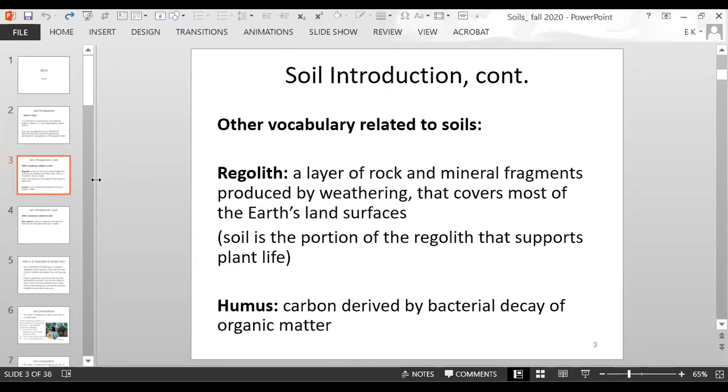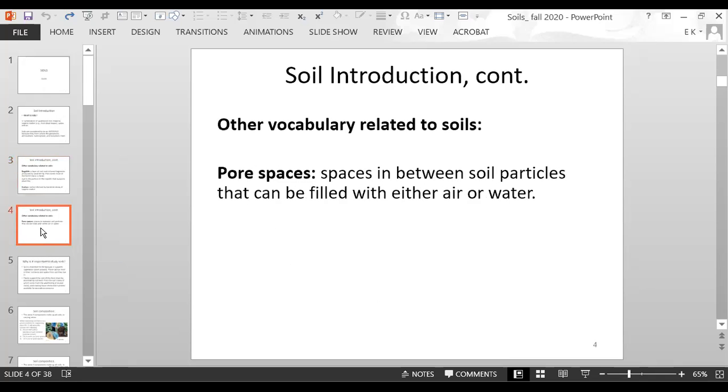Humus is carbon derived by bacterial decay of organic matter. So it's related to organic matter, but it's decayed organic matter. And then we have pore spaces. Pore spaces are spaces in between soil particles that can be filled with either air or water.